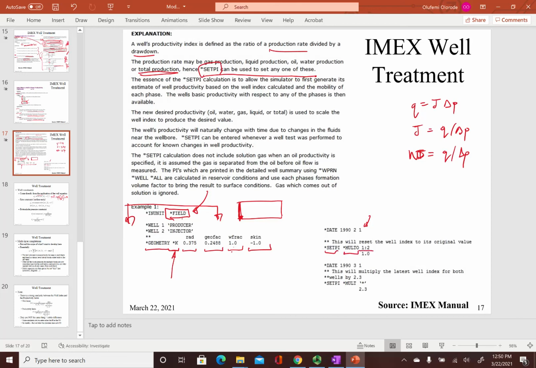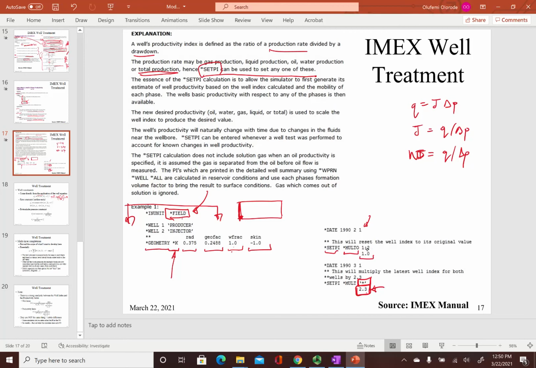So for these two grid blocks, it could also correspond to the 2 layers. Multiply the productivity index by 1. That's what this does. In this other case, for everything, all the grid blocks in the domain, or better still, for all the wells in the domain, multiply the productivity index by 2.3.